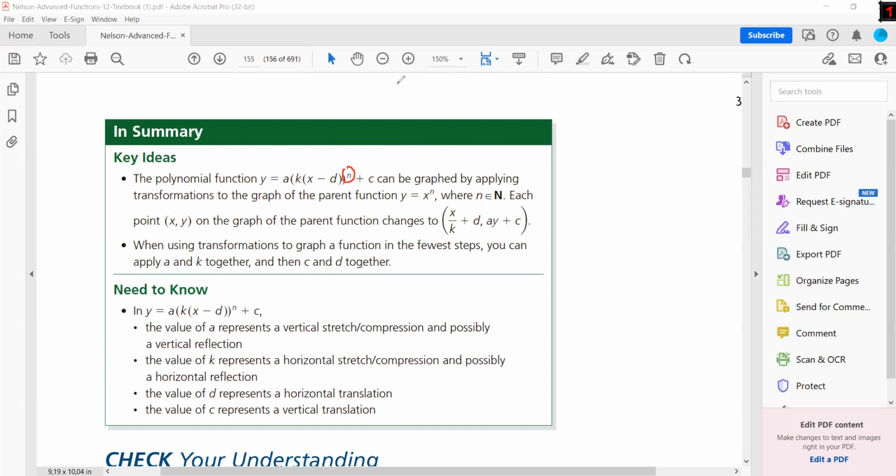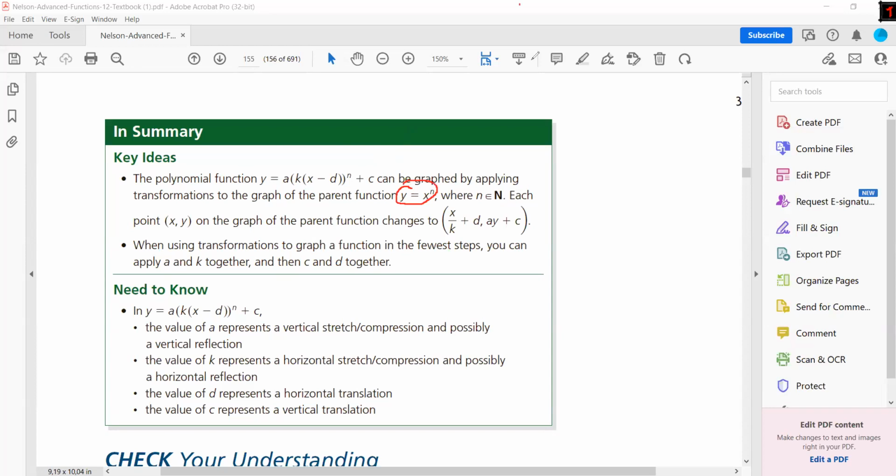Whether it's cubic or quintic or whatever, the general form would be as follows: y equals a times (k times (x minus d)) to the power n plus c. And a polynomial function of such form can be graphed by applying transformations to the graph of the parent function. This is what we covered today.